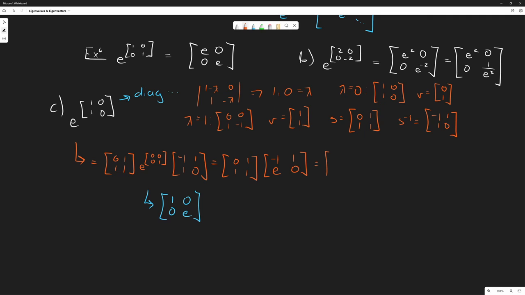And so as our final answer, we will get 0, e, then this would be 0, 0, then negative 1 plus e, so e minus 1, then 1, 1, then 0. So this will be our answer to e to the matrix 1, 1, 0, 0.